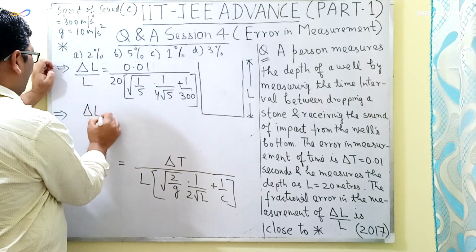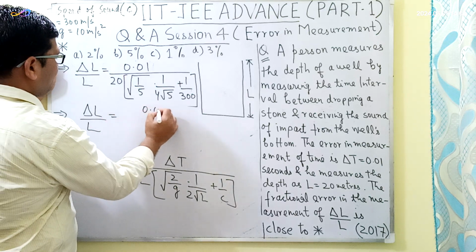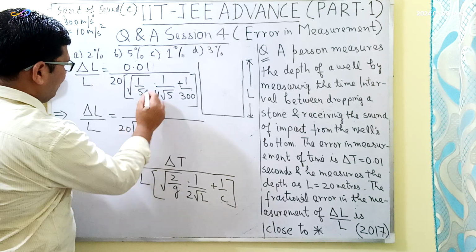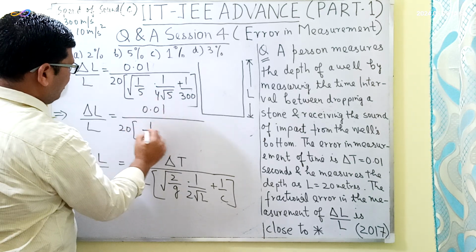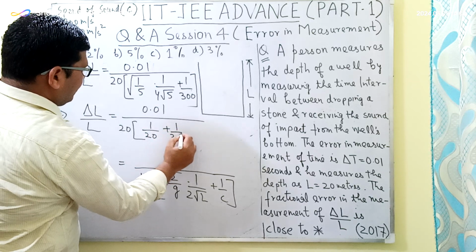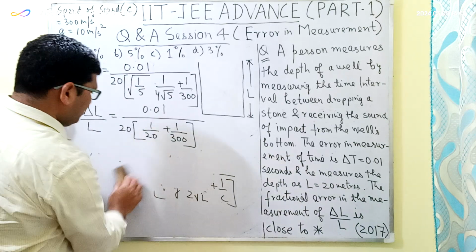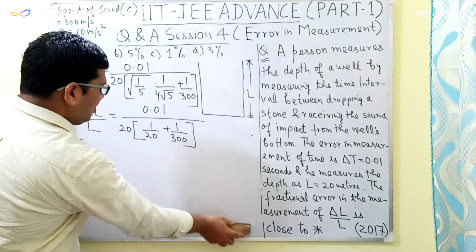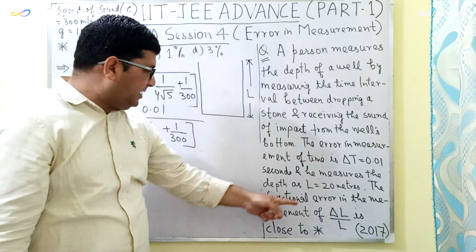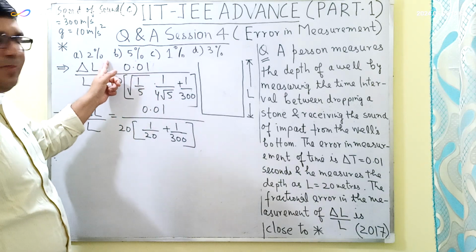So I have substituted the value of C as 300. So delta L upon L will be equal to 0.01 divided by 20, and this will be equal to 4 into 5, which is 1 upon 20 plus 1 upon 300. Now here you have to see one important thing, that we have to find the fractional error in terms of percentage.